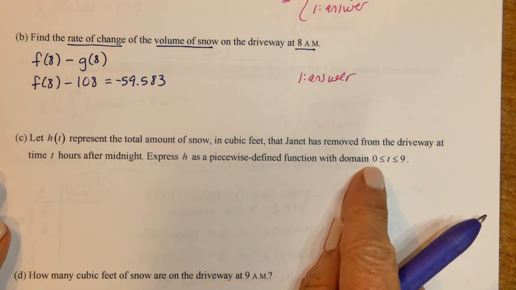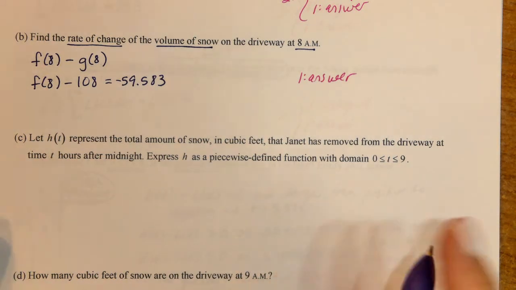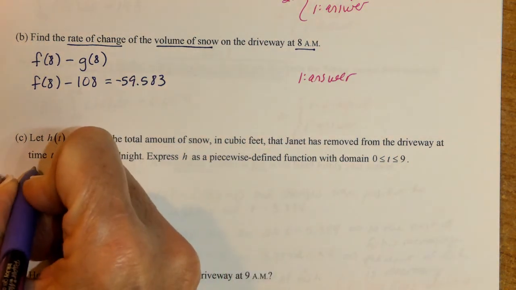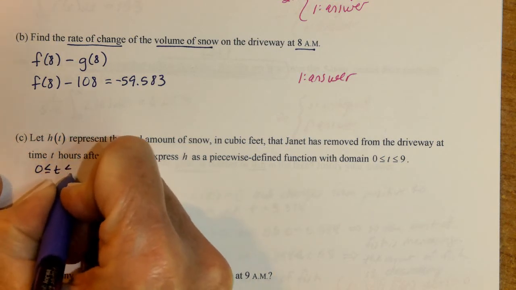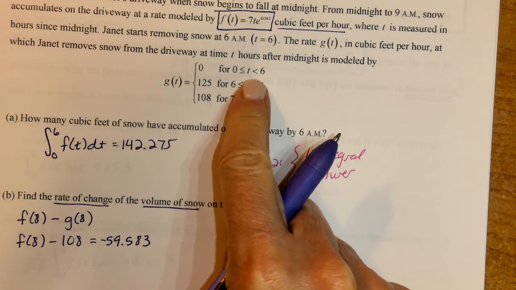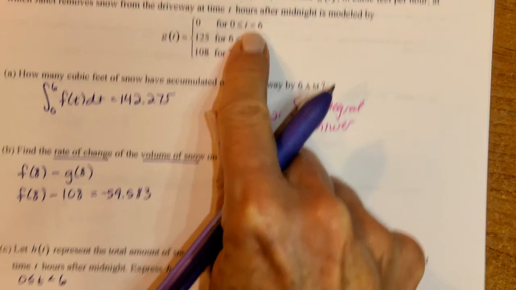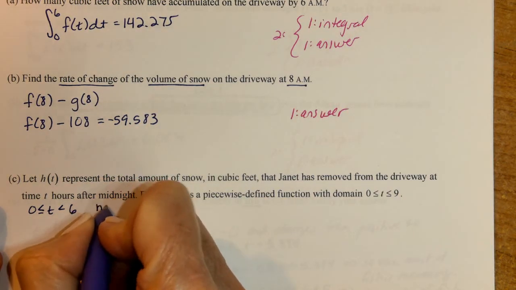Okay, so H is the amount of snow Janet has removed. I'm using the same inequality signs that they used for G. From 0 to 6, H will be 0.